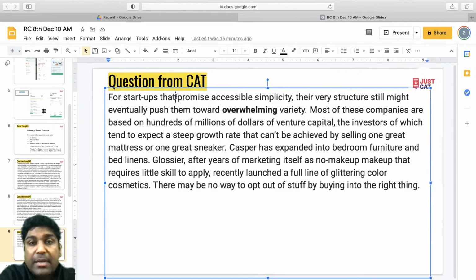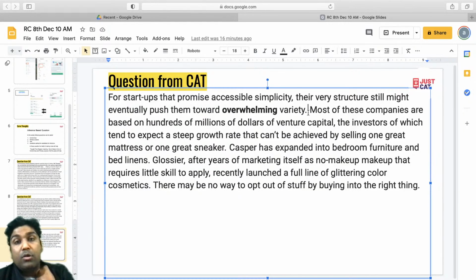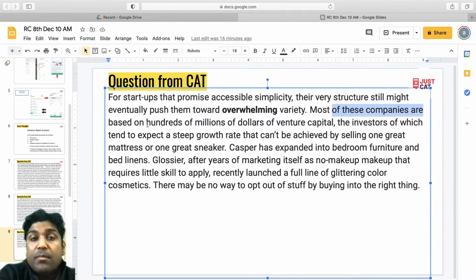Even for startups that promise accessible simplicity, the structure still might eventually push them towards overwhelming variety. They're saying that the startups which have fewer items, their structure might eventually push them towards overwhelming variety. Most of these companies are based on hundreds of millions of dollars of venture capital, the investors of which tend to expect a steep growth that can be achieved by selling one mattress or one great sneaker.